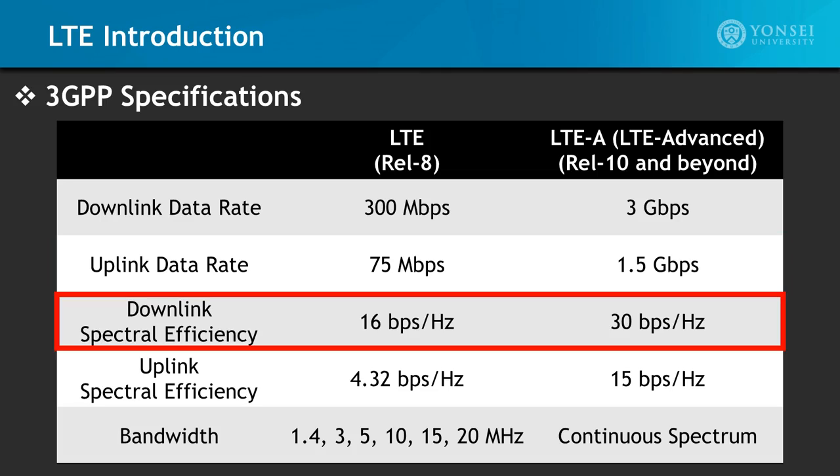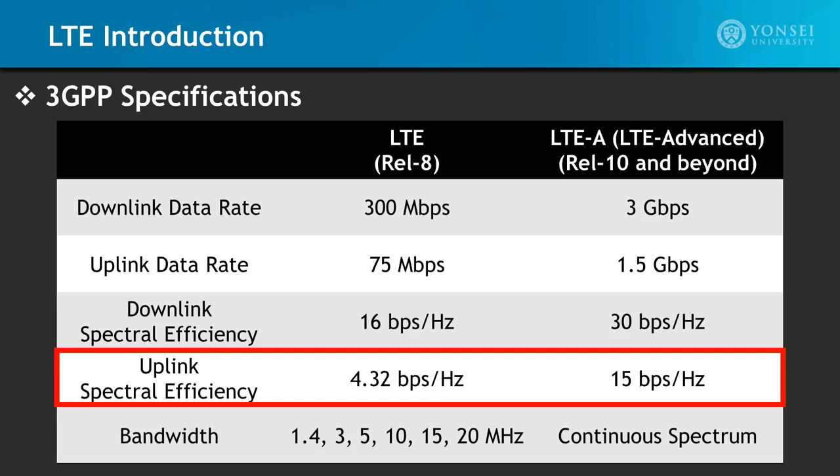For the downlink spectral efficiency, it is in the range of 16 bits per second per hertz for LTE, where for LTE-A it is at 30 bits per second per hertz. For uplink spectral efficiency, LTE is in the range of 4.32 bits per second per hertz, where LTE-A ranges into the 15 bits per second per hertz. Significant improvement.